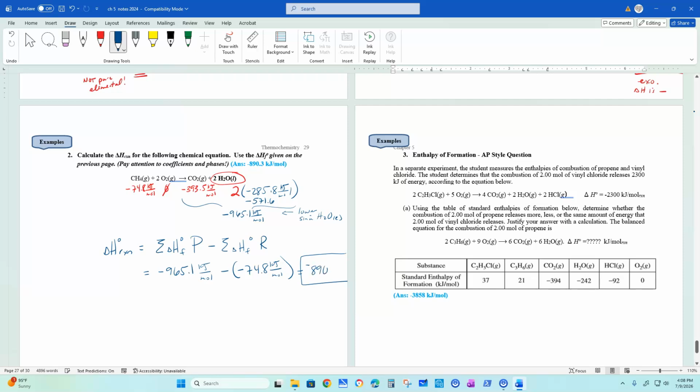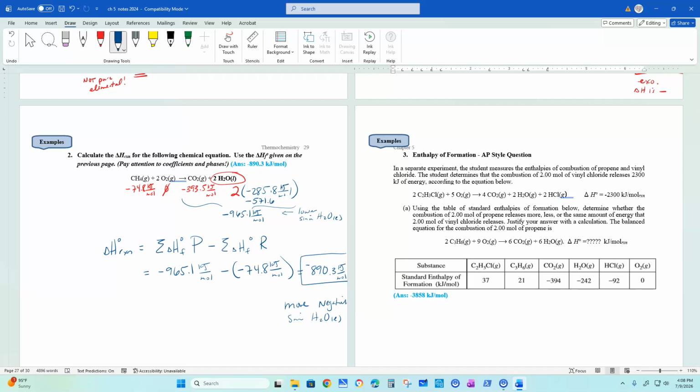Negative 890.3 kilojoules per mole. Okay, so it is more negative since water was a liquid versus gas. If I would have had water as a solid, it would get even more negative, because solids require even less heat.